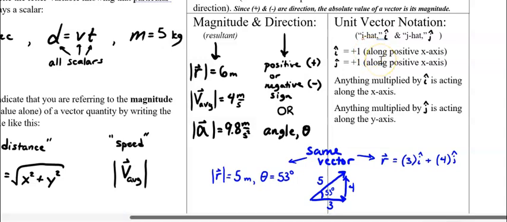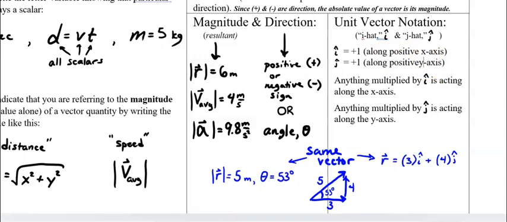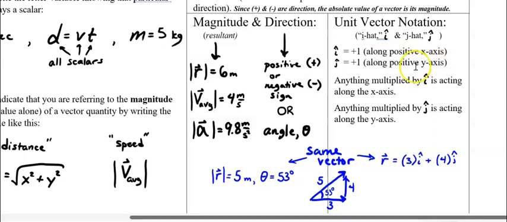So if I multiply 8 by 1, or 15 by 1, or 200,000 by 1, they don't change the value because you're just multiplying by 1. But that number 1 has a vector associated with it. So when I multiply my 8 or 15 or 200,000 by I hat, then the number value doesn't change, but you're saying that it's going to be along the positive x or the positive y axis.